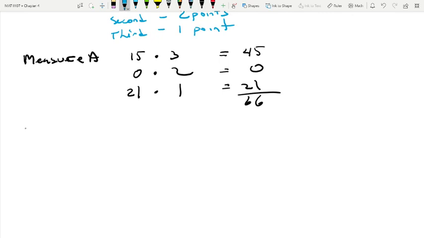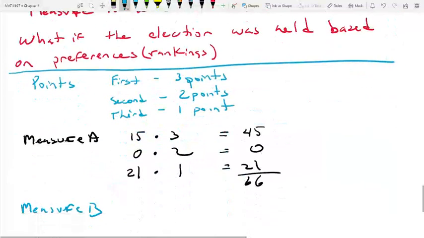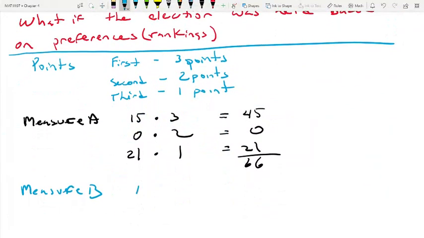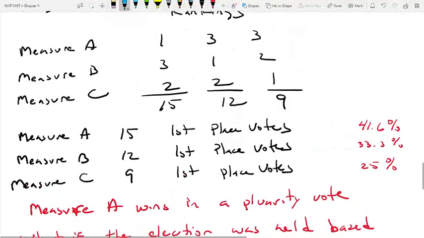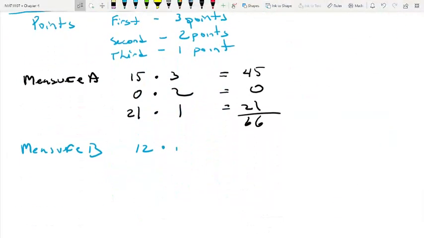Let's now do measure B. Now, measure B had 12 first place votes. So 12 times 3, sorry, that should be 3. It had 9 second place votes, so 9 times 2.